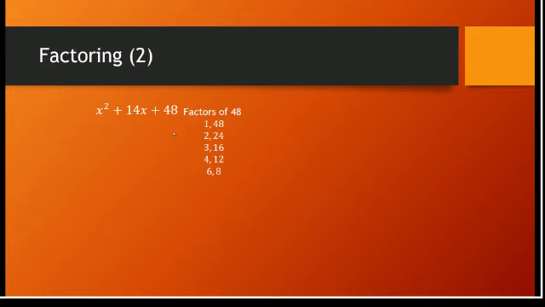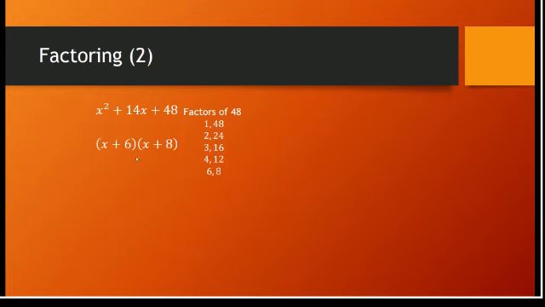Those are all going to multiply to 48. Since the 48 here is positive, we don't need negatives. They could both be negative, but since they need to add to a positive number, I'm pretty sure we're looking for positives. Looking down the list, that's 49, 26, 19, 16, and 14 if you add them. And since 14 is what we're looking for, 6 and 8 are the ones that are going to add to 14.